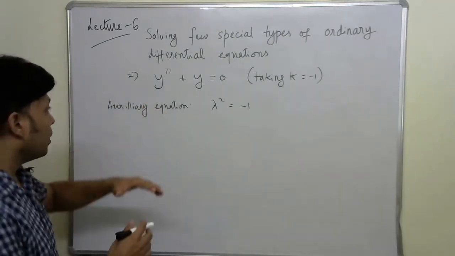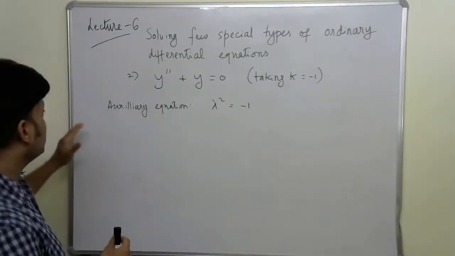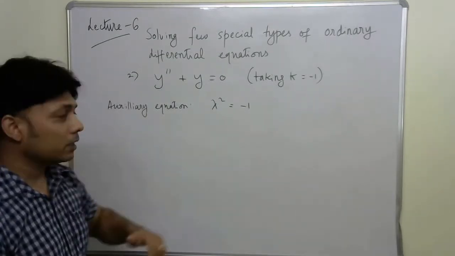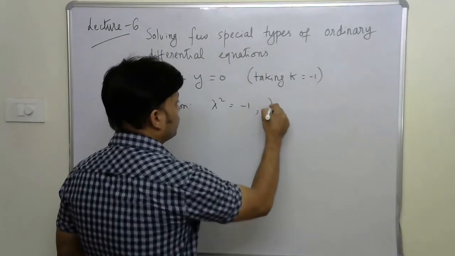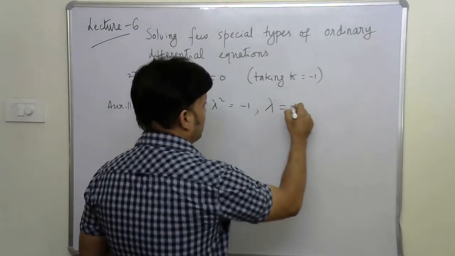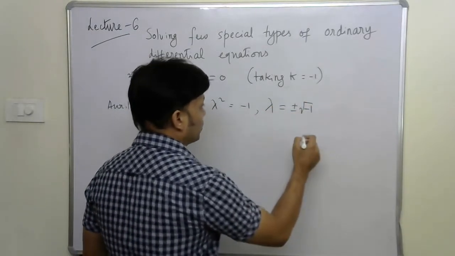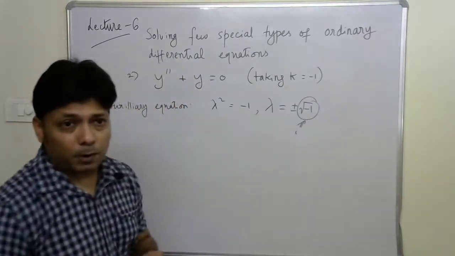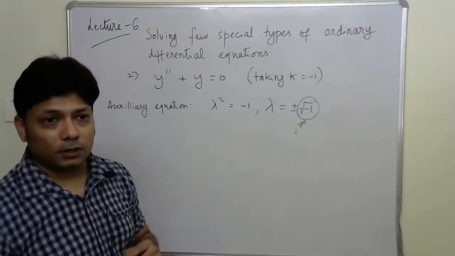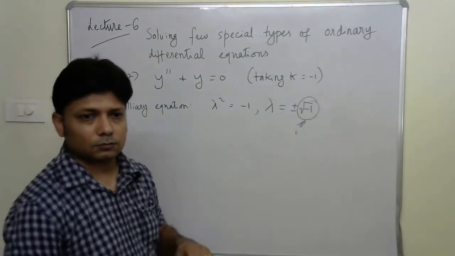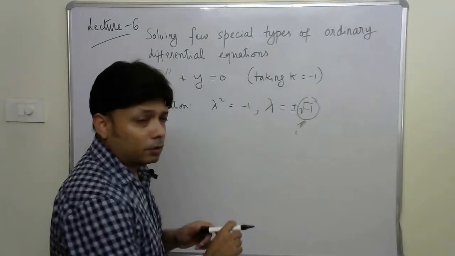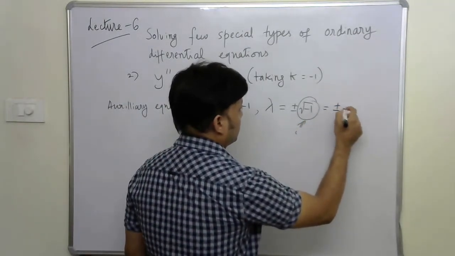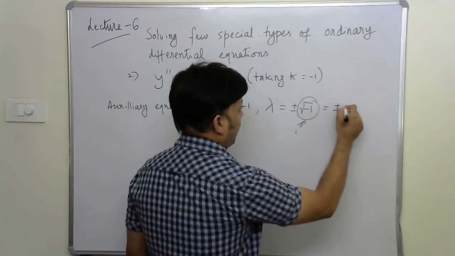Now from that, by applying the same principle, we straight away get the auxiliary equation lambda squared is equal to minus 1. So that means if we are going to solve lambda, lambda becomes plus or minus root over of minus 1. And we all know that this quantity is nothing but i, the imaginary quantity. So therefore, this becomes plus or minus i.